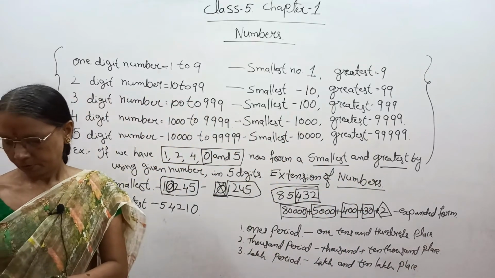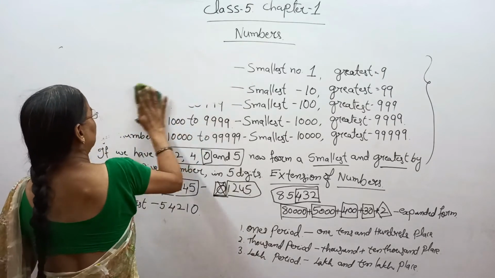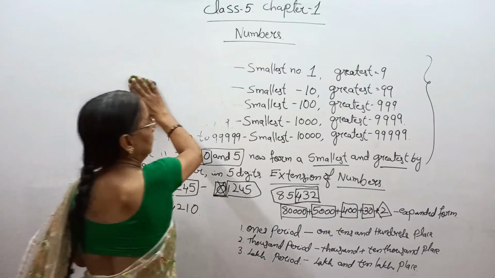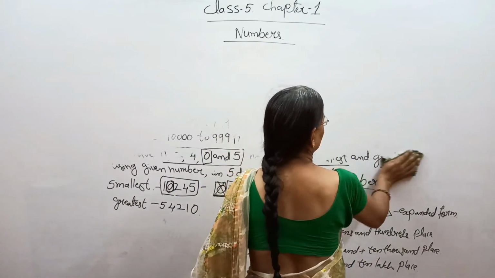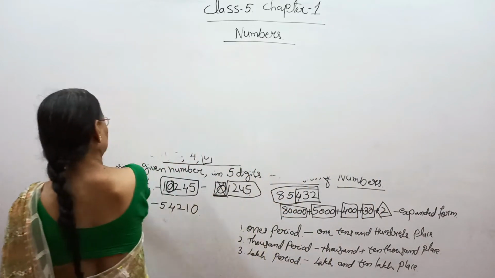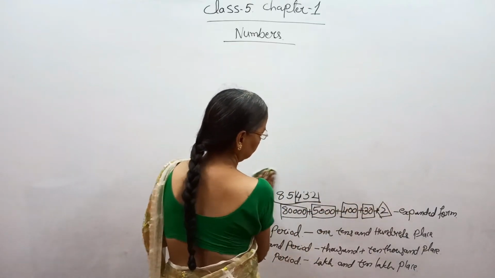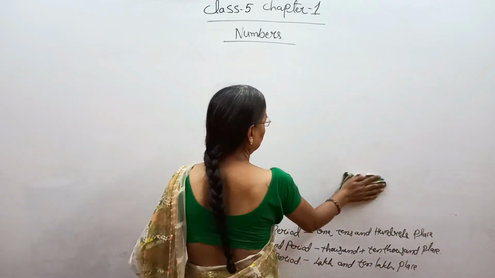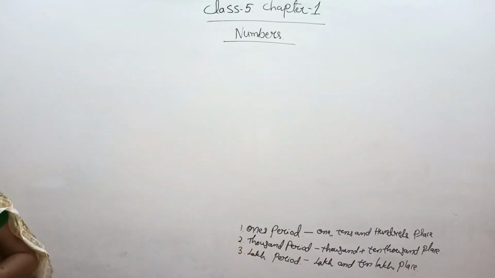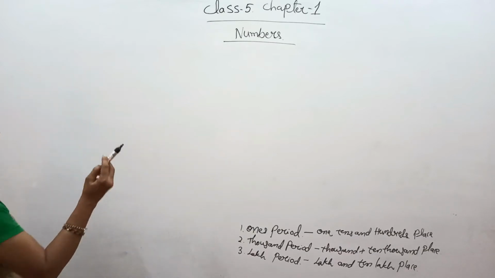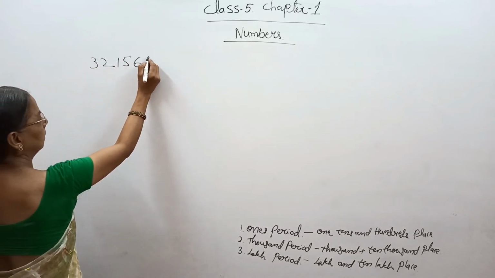Like this, when we go to bigger numbers, we get more digits, and to identify how many digits there are, we simply put commas in between the numbers, which help us identify the place of the numbers. For example, 3, 2, 1, 5, 6, 8.